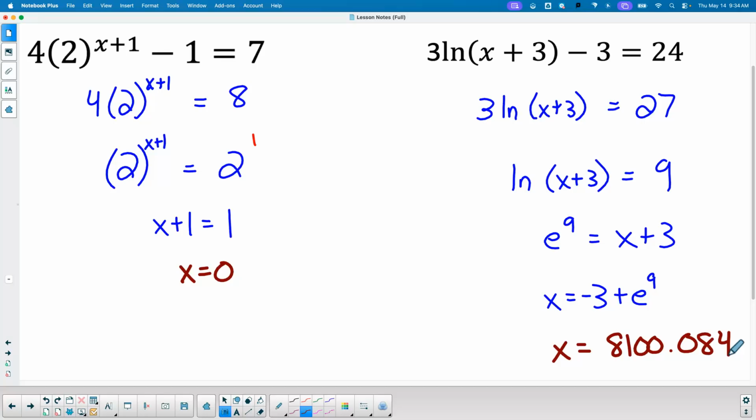So for instance, in this first one, you would have to show you added 1 to both sides. Or you would say, add 1 to both sides. Then divide by 4.